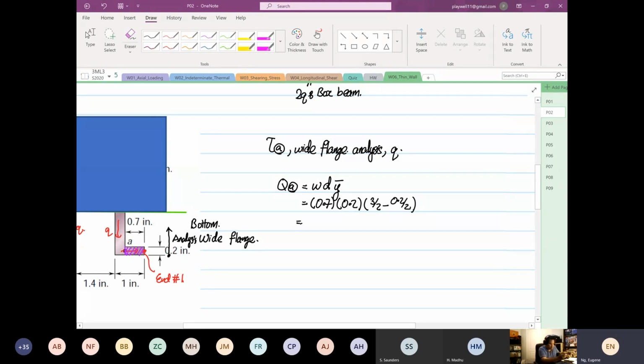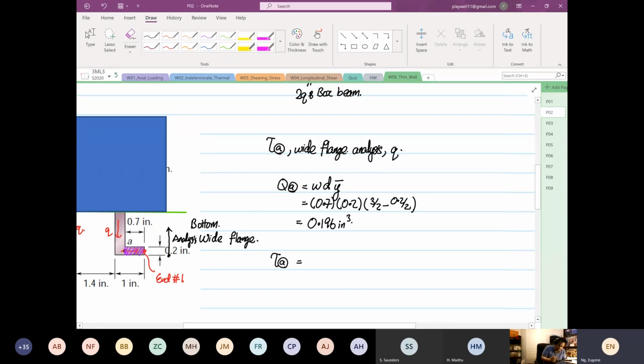So this is equal to 0.7 times 0.2 times 1.5 minus 0.1, which is equal to 0.196 inches cubed.